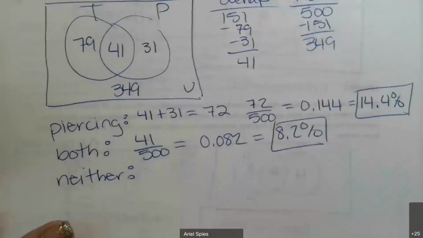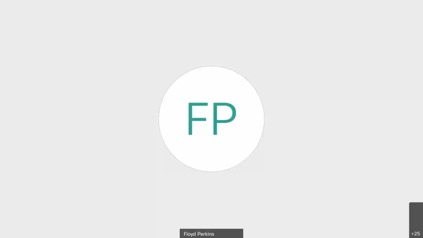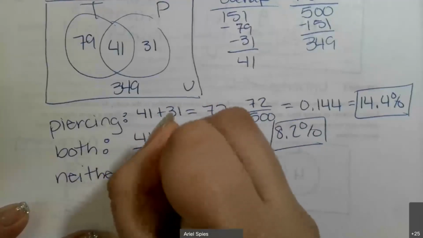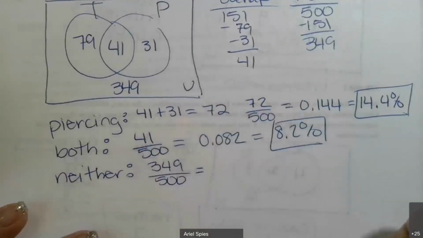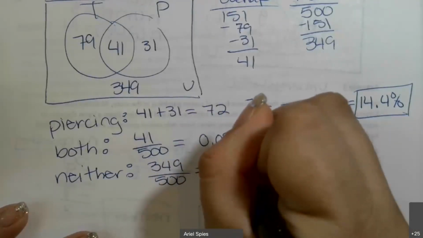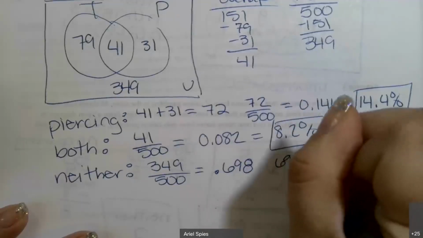Okay, and then it also wanted me to find the percent of people with neither. 69.8%. Yeah, that's the final answer, and there were 349 people. So the decimal is 0.698, and the percent is 69.8%.